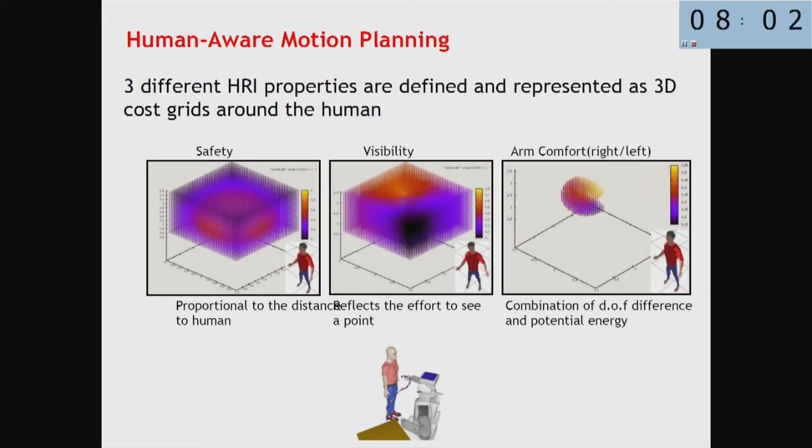Visibility: it has been proven that it is better to make robot movements that are visible to the human next to the robot. And comfort also. You will avoid giving an object to a human, for example, next to their head or next to their foot or things like that.